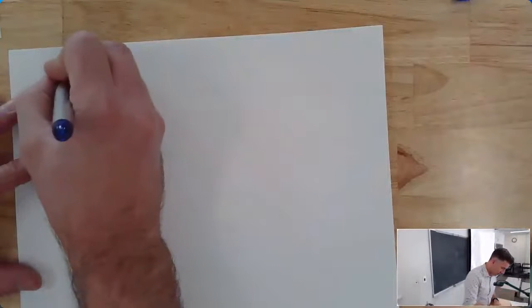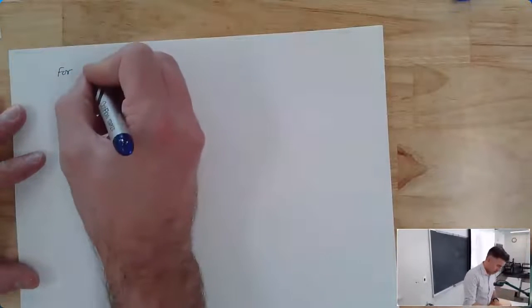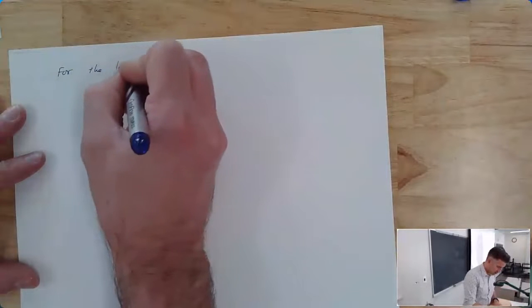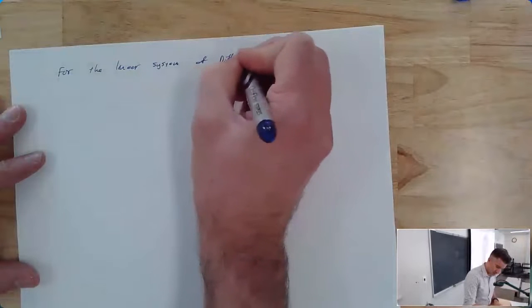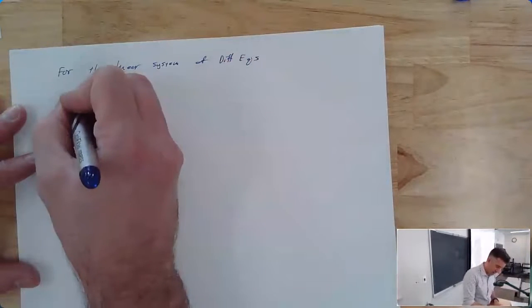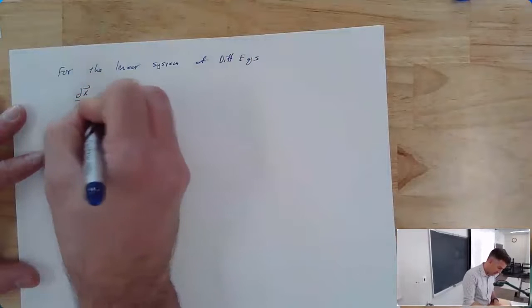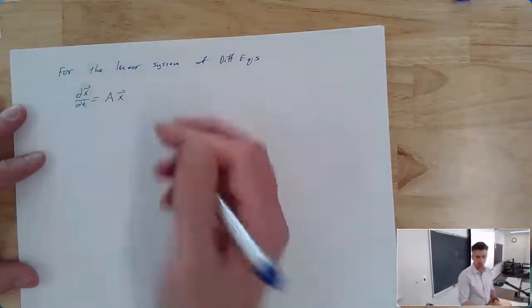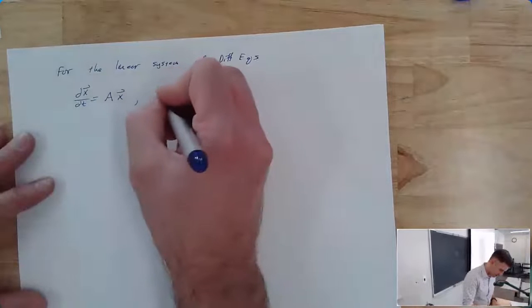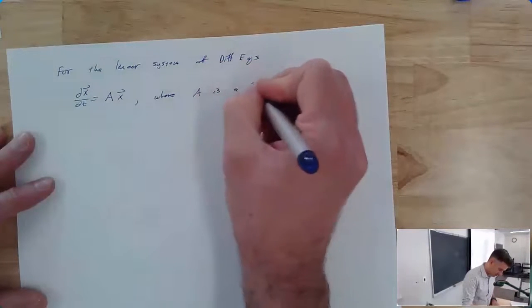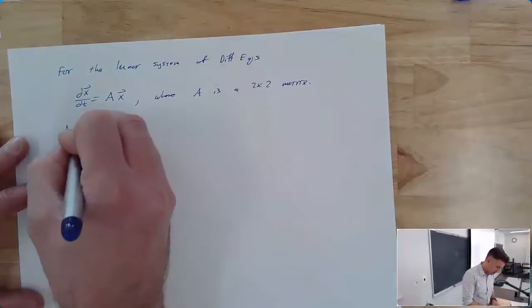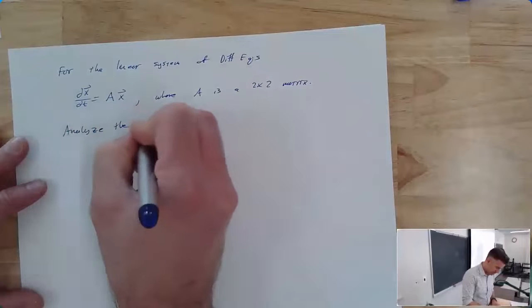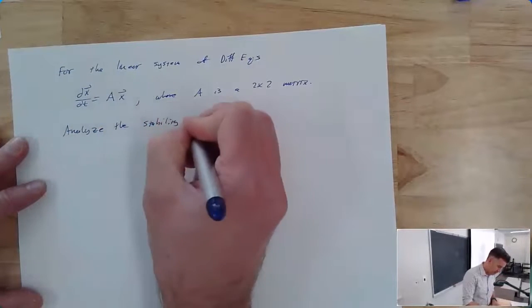So for example, if someone said for the linear system of differential equations, where we have the usual setup, dx/dt equals A times x, where A is a 2x2 matrix, analyze the stability of the equilibrium.